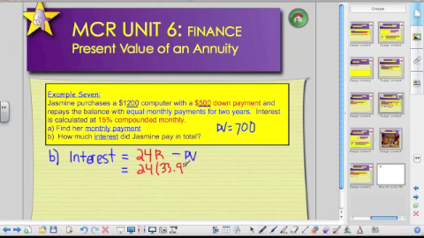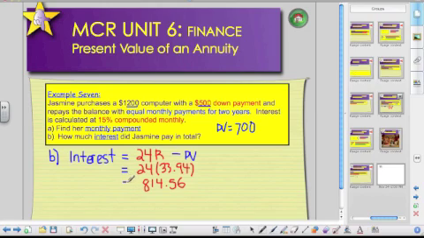So if I punch this into my calculator, 24 times $33.94, that gives me an answer of $814.56. So that's my final amount that I owe, including interest with the computer.